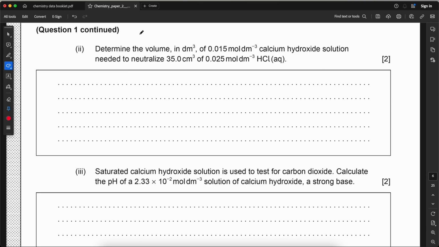Determine the volume in decimeter cube of 0.015 molar calcium hydroxide solution needed to neutralize 35 centimeter cube of 0.025 molar HCl.